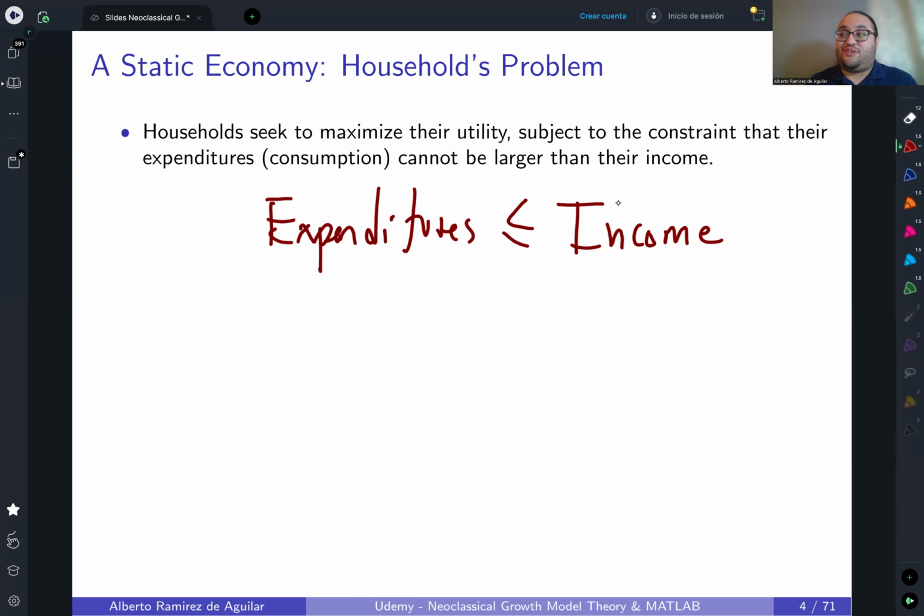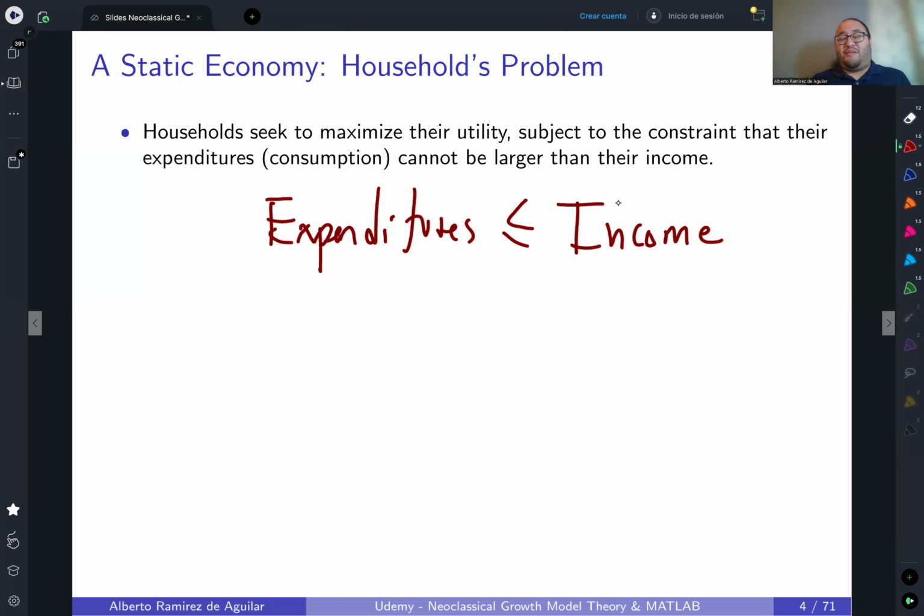So we are analyzing an economy in which savings don't exist. Okay. And this is going to be important because in an economy where savings can exist, expenditures could be larger than income, and that would be something that we call debt. But in this model, because there are no savings, you cannot spend more than what you have because no one will lend to you, since there's no tomorrow. They know that you can't repay.